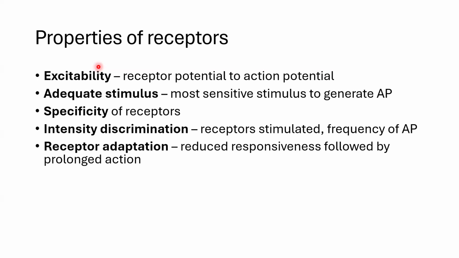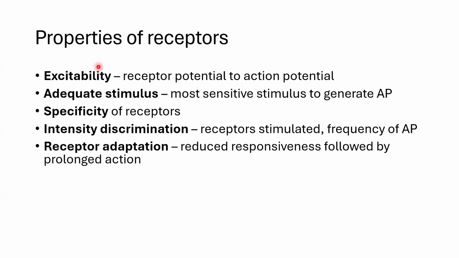So that is reduced responsiveness, that is receptor adaptation. So excitability, adequate stimulus, specificity, intensity discrimination, and receptor adaptation are the 5 properties of receptors.